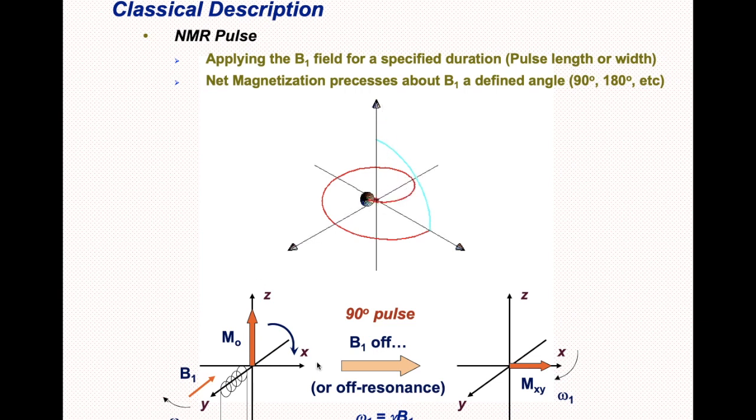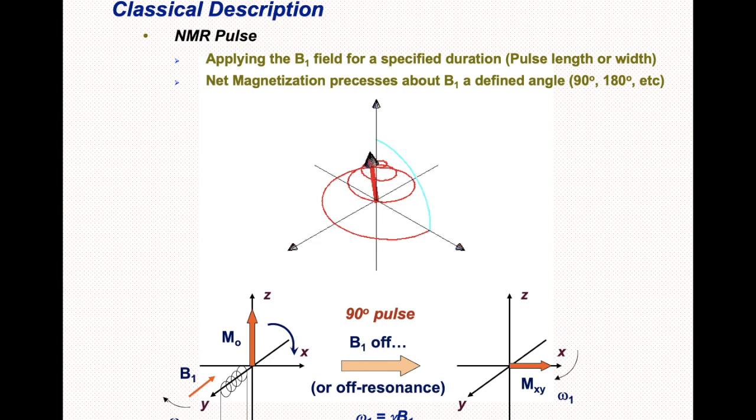And here, the direction in which we are applying the radio frequency pulse is shown. Generally we apply along the y direction through the coil, and then we can observe the NMR signal in this particular direction. I hope I have convinced you of the classical description of NMR resonance and how the signal is detected by the NMR spectrometer.